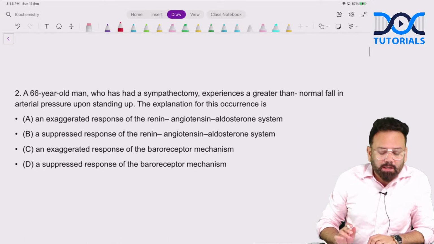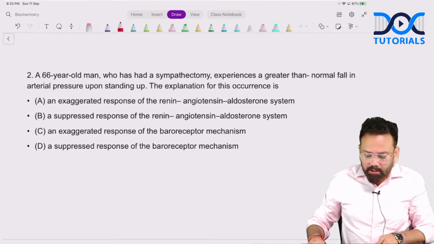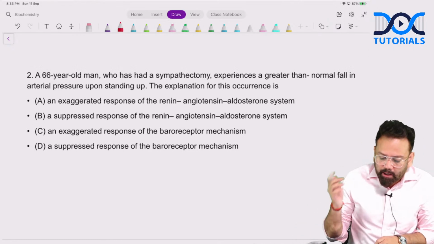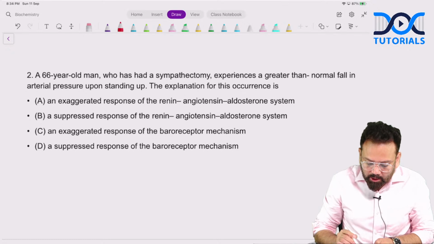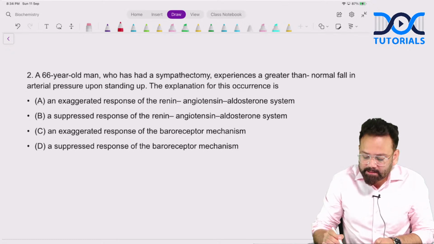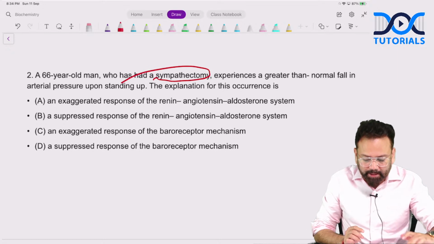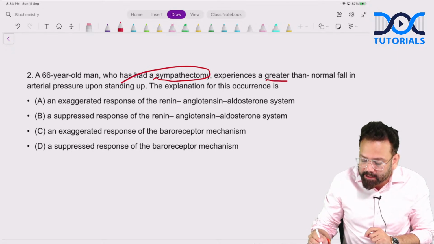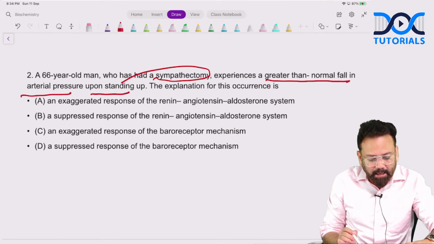Next question is about regulation of blood pressure. These questions are very, very important clinically and for your exam also. A 66-year-old man who had sympathectomy experienced a greater than normal fall in the BP upon standing up.